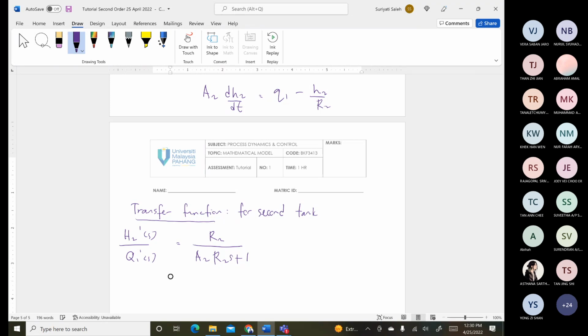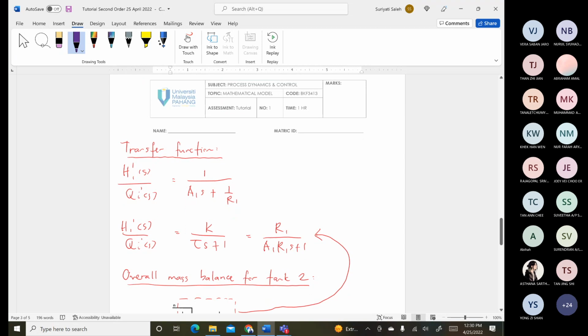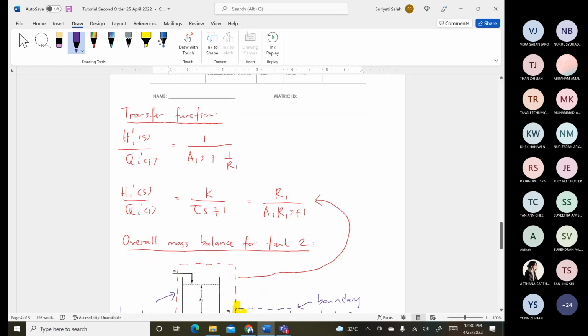Although when we derived the first tank it looked like a long derivation and long procedure, sometimes if you can skip it, then please skip the procedure. This is just a guideline on how to obtain the transfer function in a structured way.